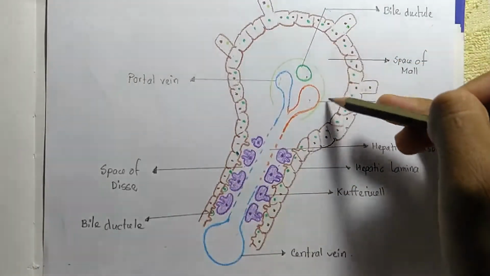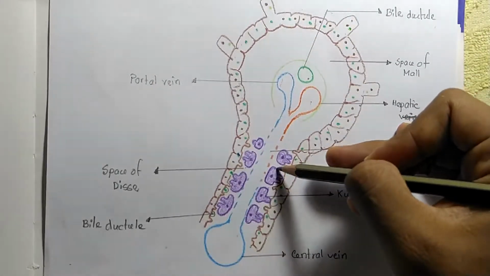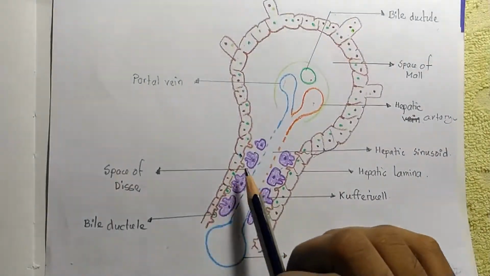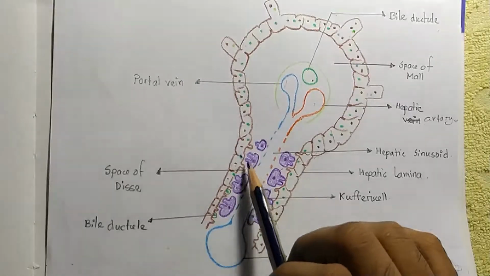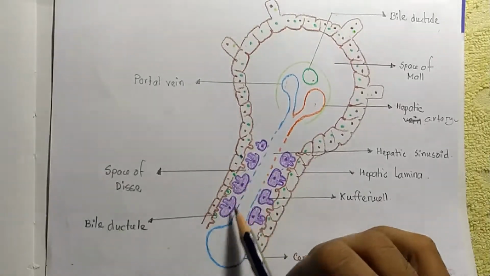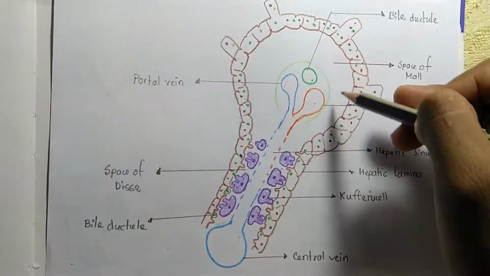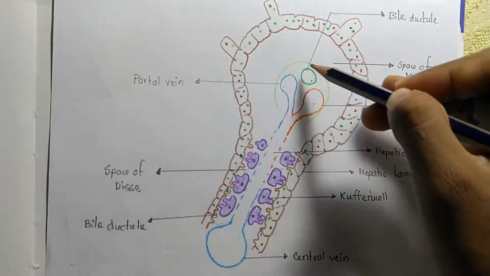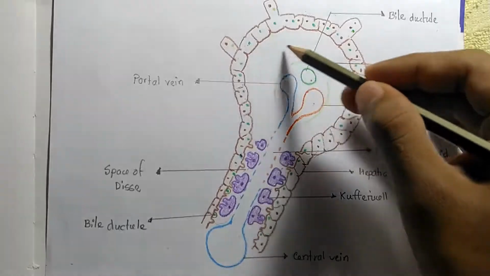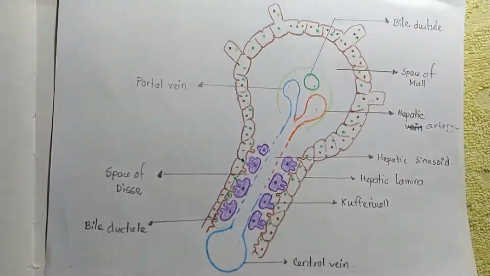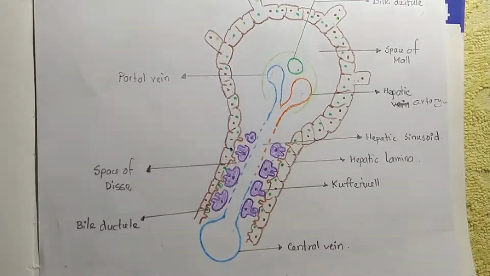One is the space of Moll, and here the space is called the space of Disse. The space of Disse is present between the hepatocytes, sinusoids and the Kupffer cell. Surrounding the portal lobule and the hepatocyte, in between the two there is a space called the space of Moll. Sometimes the space of Moll is asked.